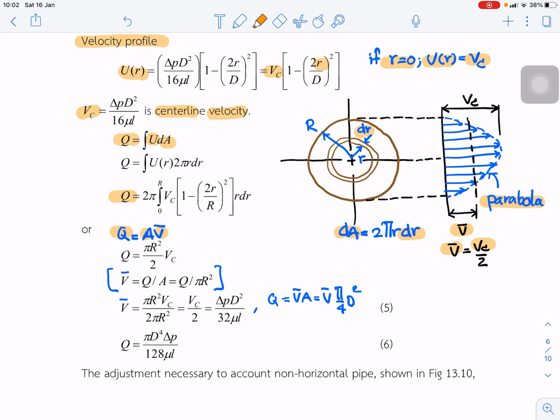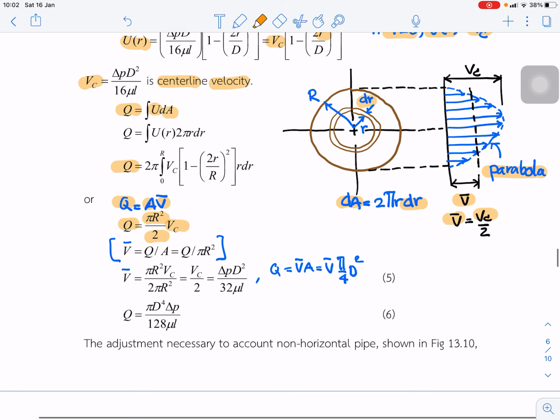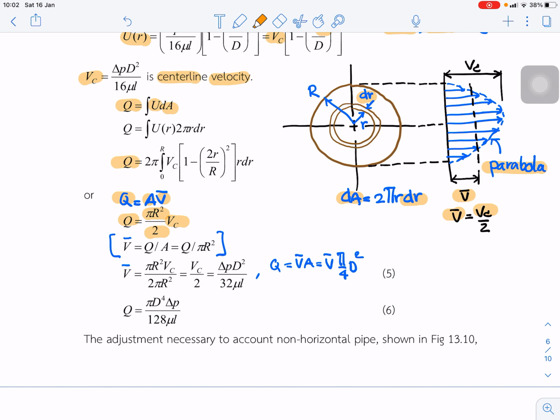So Q is equal to the area pi r squared times Vc divided by 2. Because Q is equal to velocity times area, we multiply the area by the average velocity. So we get this equation, which is for laminar flow.